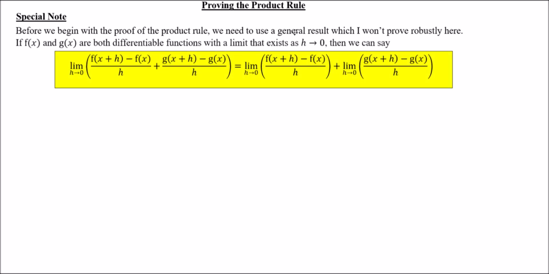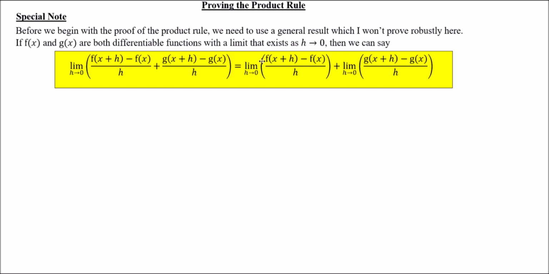So this is the leap of faith we need to be making. If f of x and g of x are both differentiable functions, with limits that exist as h approaches 0, then the limit as h approaches 0 of the derivative of f of x plus g of x is the same as the limit as h approaches 0 of the derivative of f of x separately added to the derivative of g of x.